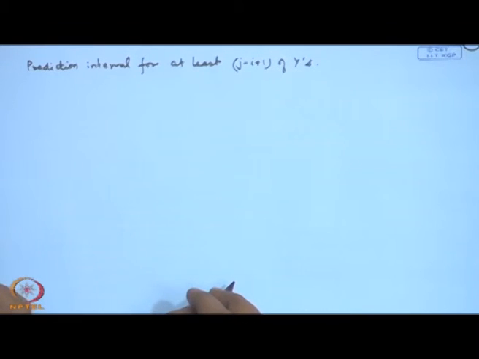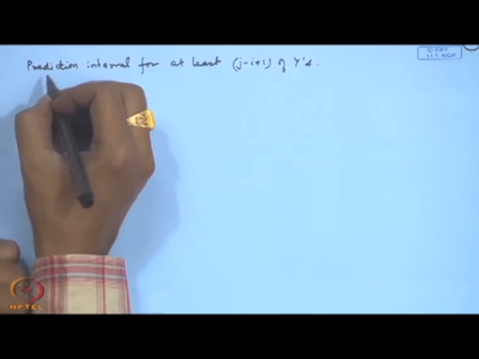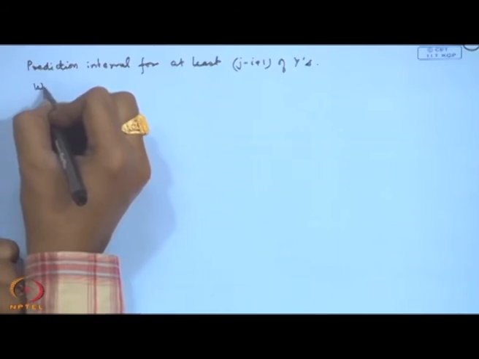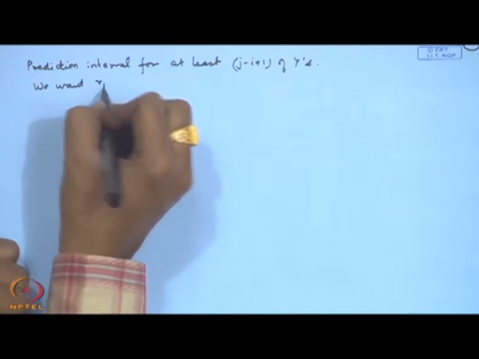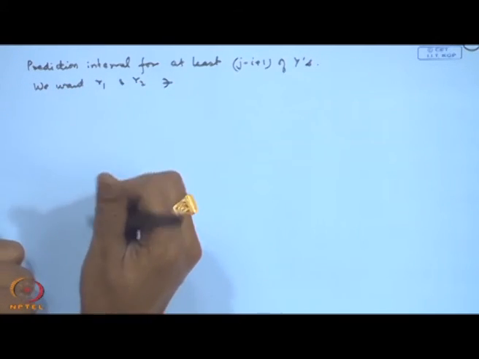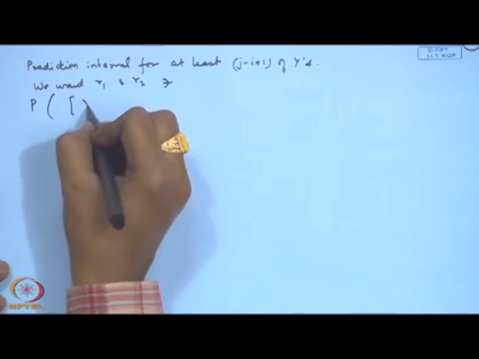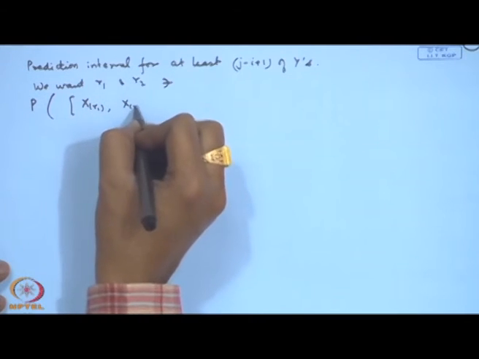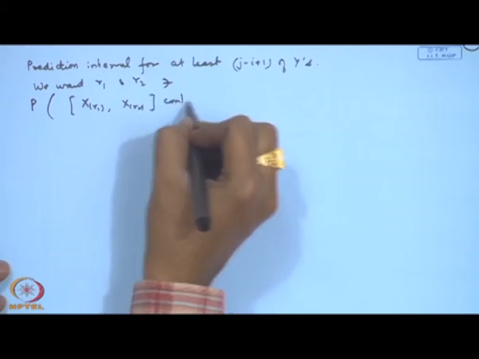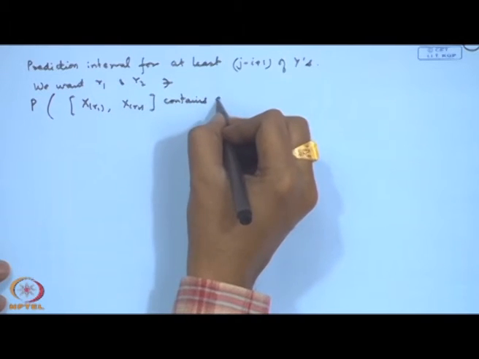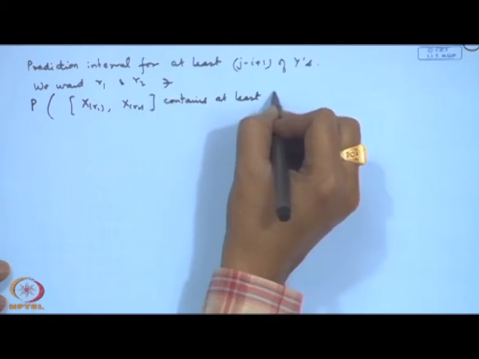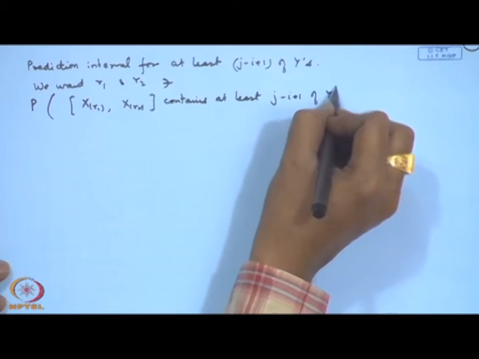Similarly, we can consider a prediction interval for at least j minus i plus 1 of the y's. So, we want R1 and R2 such that the probability that the interval x R1 to x R2 contains at least j minus i plus 1 of the y's is equal to 1 minus gamma.